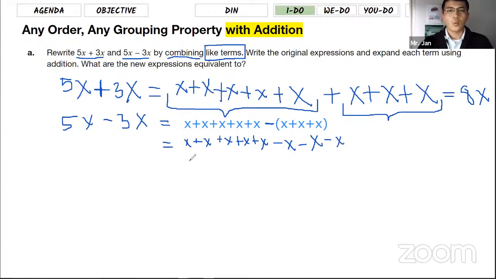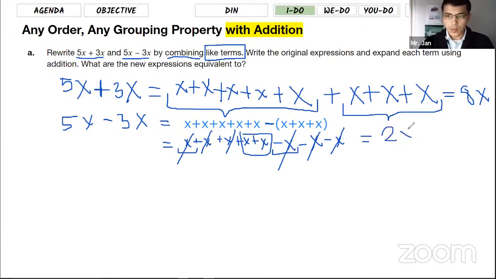We already know that when you add something with its opposite, so minus x is its opposite, they cancel each other out or become 0. So these are crossed out, and you cancel out each pair, positive and negative. So how many x's are left? It's just 2. The other way to do this easily is to just subtract the numbers, 5 minus 3, which is 2, and put the variable right next to it because these are like terms.